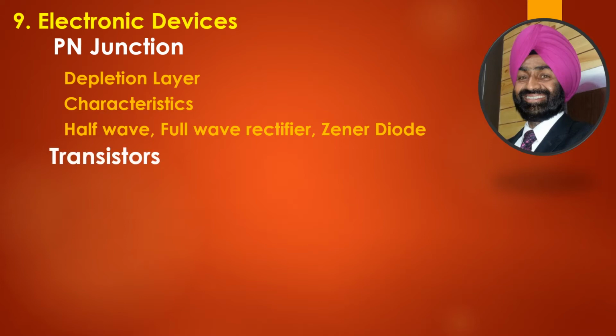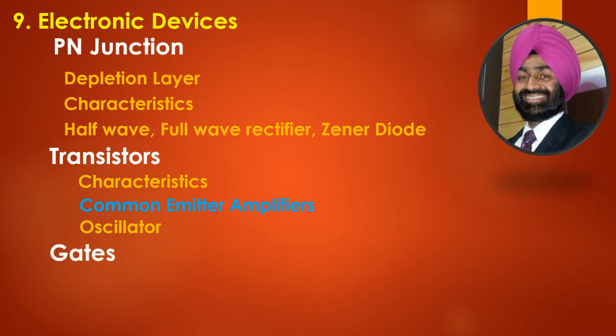Further, transistors. In transistor, you must learn the circuit diagram for studying the characteristics of a transistor. Then common emitter amplifier as well as oscillator. So their working, circuit diagram as well as input and output waveforms. Lastly, we come to gates.